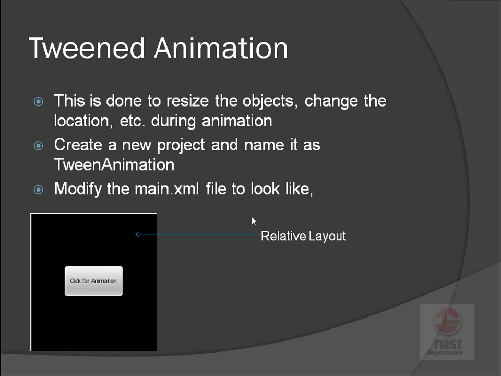That is why this is a relative layout. You have to make the ID of the button btn_click, and you have to mention a property called android:layout_centerInParent true. This will make the button be centered inside the parent. We'll do this when we actually code this application in real time.